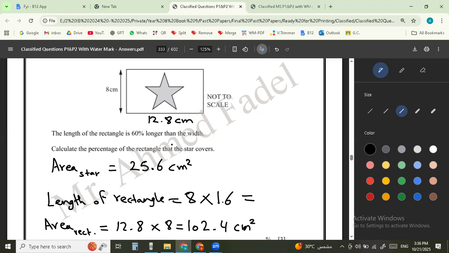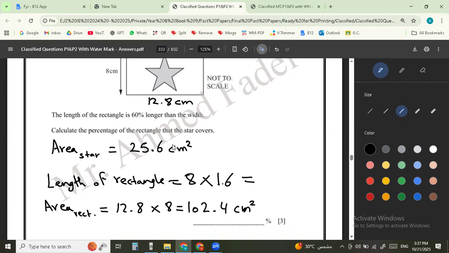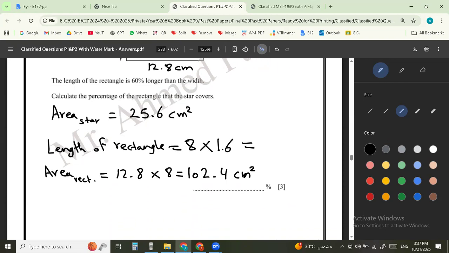Good. They want you to calculate the percentage of the rectangle that the star covers. Well, what does the star cover? The star covers 25.6 centimeters squared. And what is the whole thing? It's 102.4. So what percentage is the star covering? I do 25.6 over 102.4, that's 25.6 out of 102.4, but they want the percentage, so I multiply by 100.